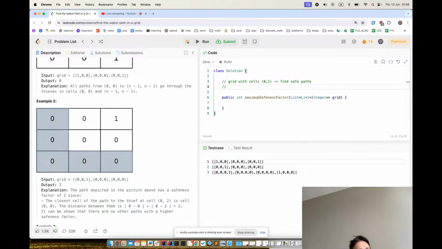And with the BFS function, we may calculate for each cell where we are now standing the safest value. By safest value, I mean the maximum value.